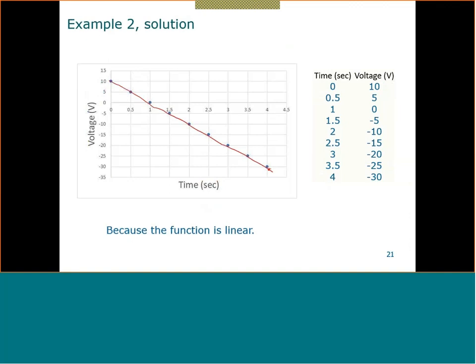Okay, so since it's a linear function, if you want to approximate this as a trapezoid, then the area under the curve will be like this. So this is the area under the curve, and it will be minus 20.